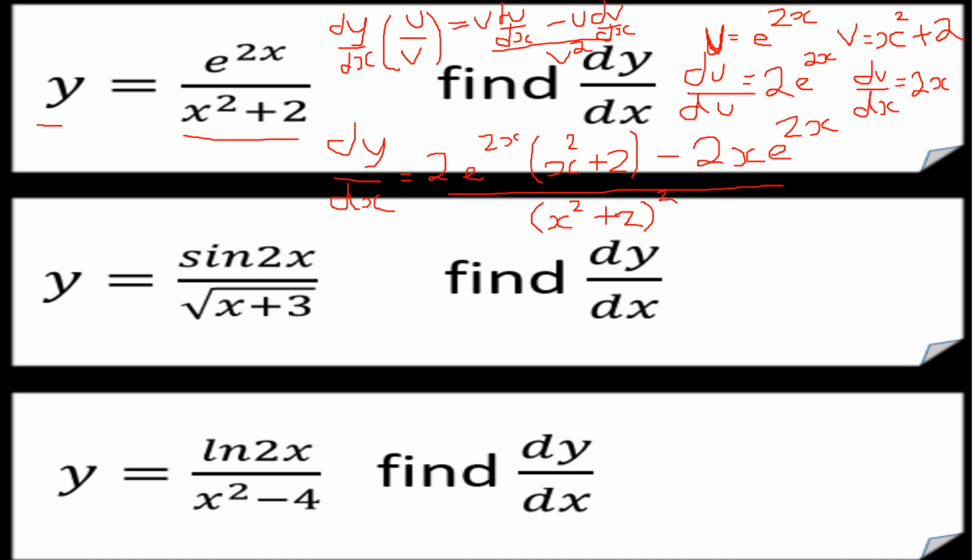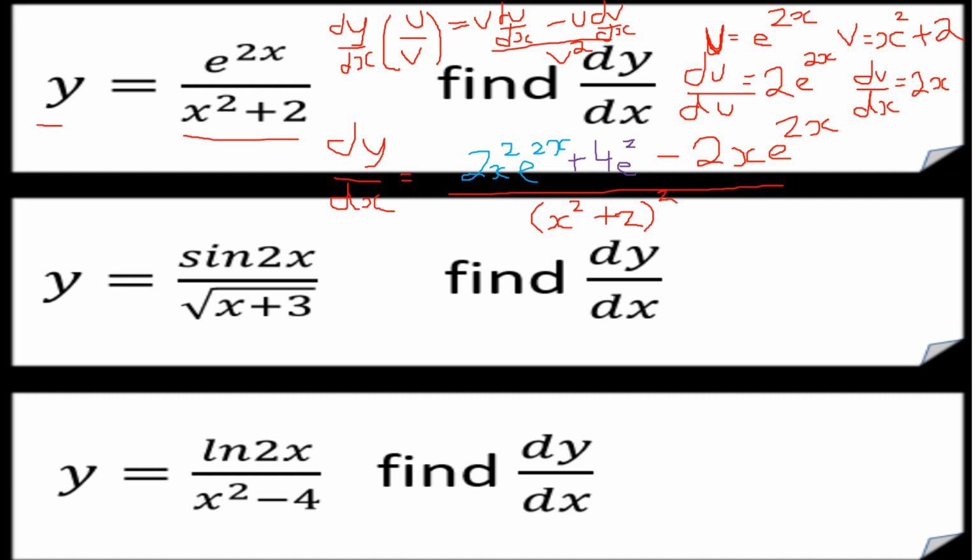So expanding the top, I'm going to get as follows. Expanding this, I'll get 2x squared e to the 2x, plus, I think, 4 lots of e to the 2x when I expand that single bracket.